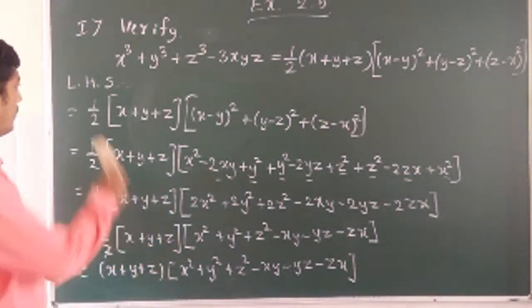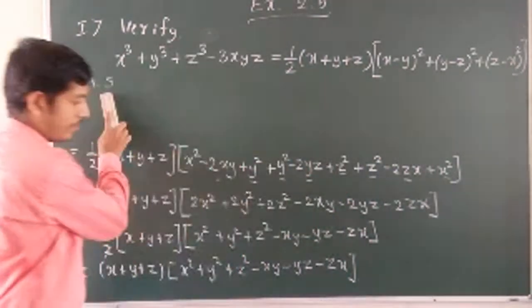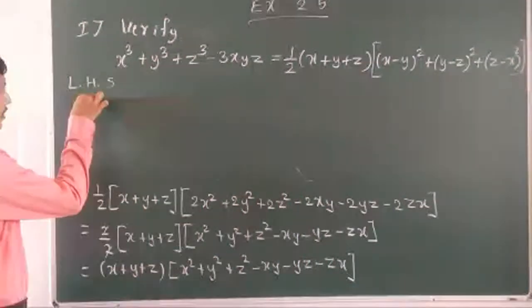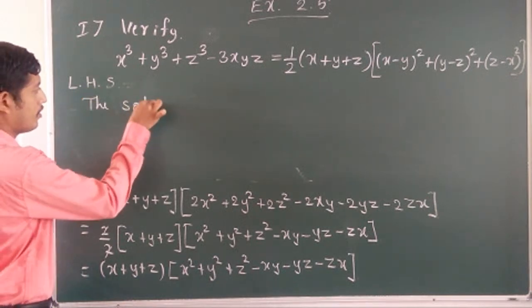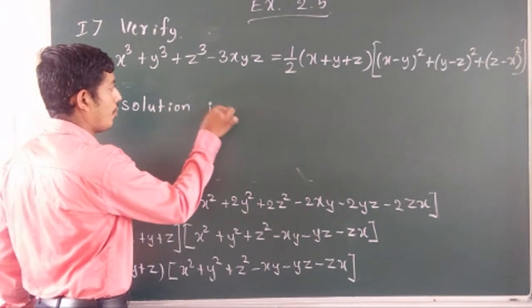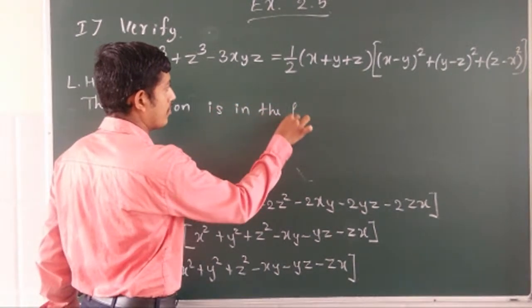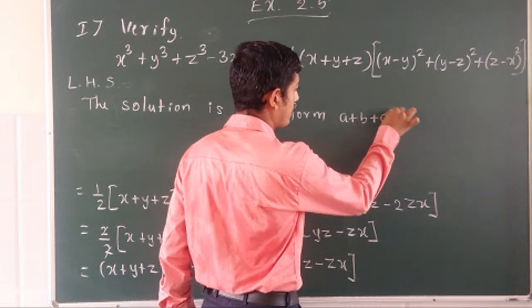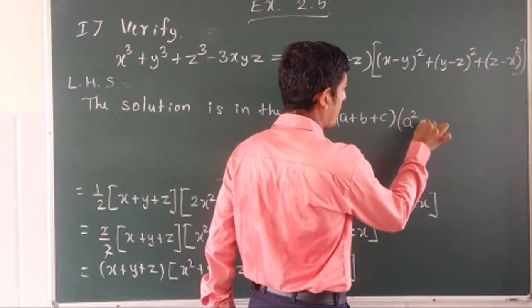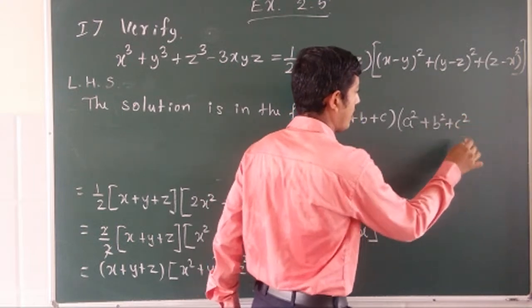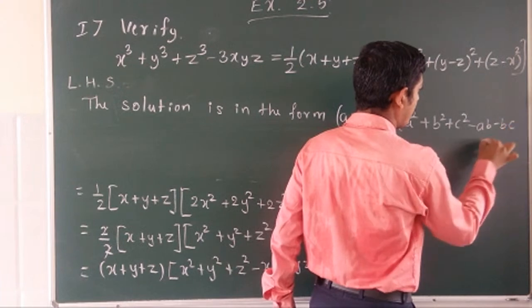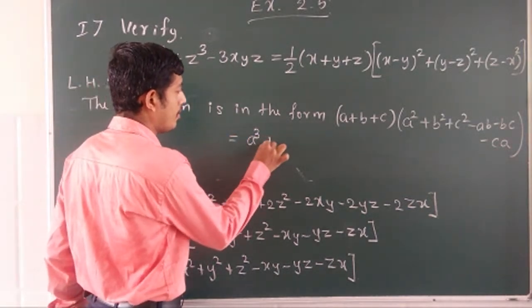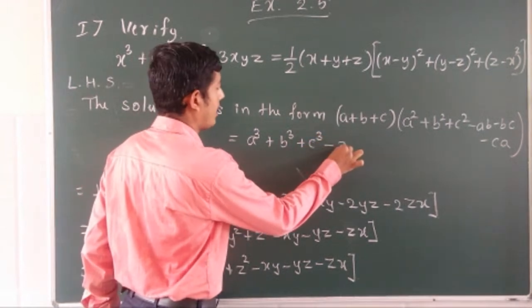The solution is in the form (a plus b plus c) into (a square plus b square plus c square minus ab minus bc minus ca), and that equals a cube plus b cube plus c cube minus 3abc.